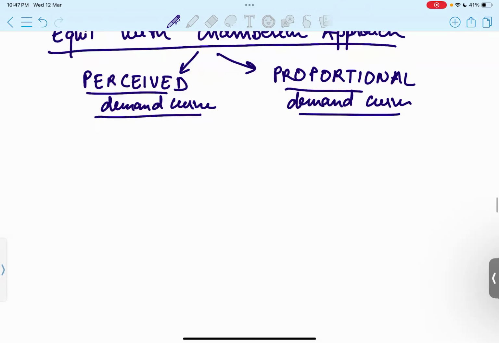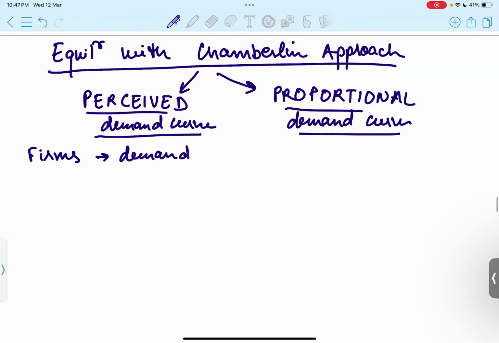Perceived means that the firm perceives the level of demand in the market. So each firm will have a different perceived demand curve, where all other factors are assumed to be constant, which means the changes in the price and the output by other players.